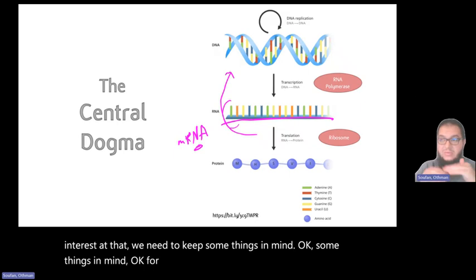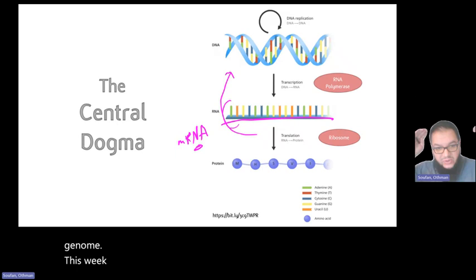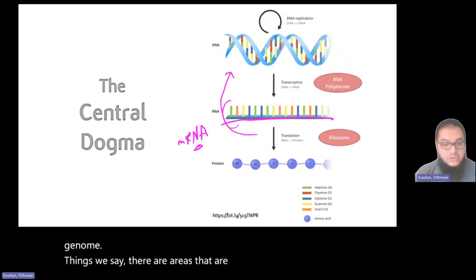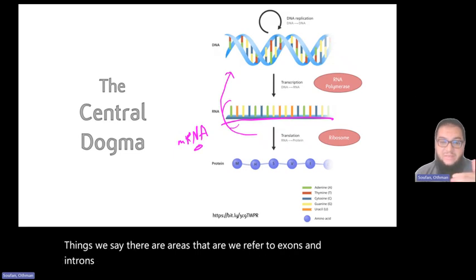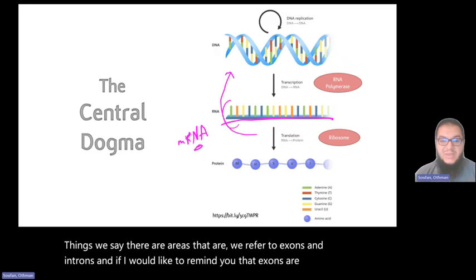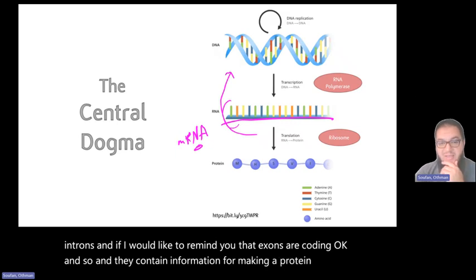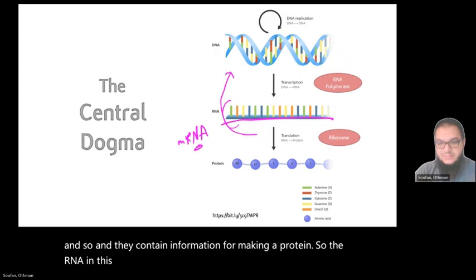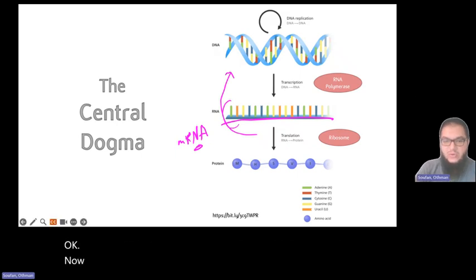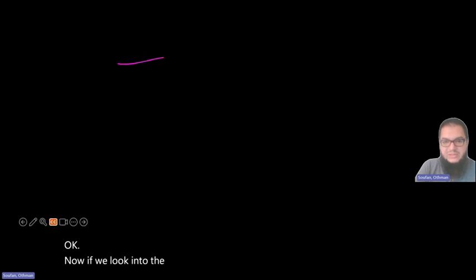For example, when we discuss the DNA and the genome text, we say there are areas that we refer to as exons and introns. I would like to remind you that exons are coding, and they contain information for making a protein. Now, I just want to illustrate one idea.